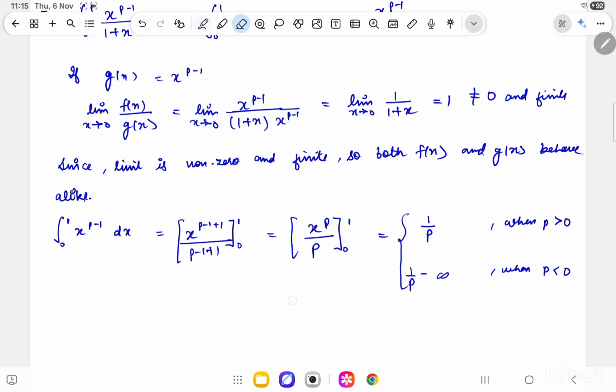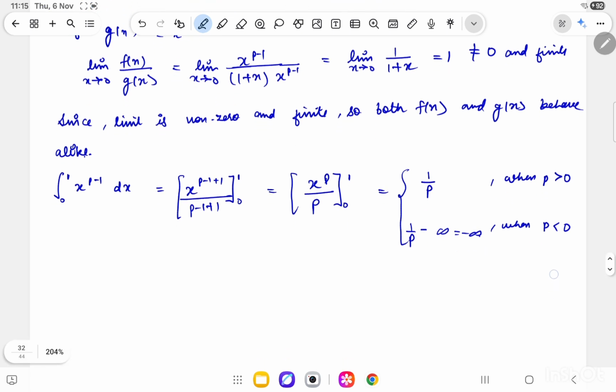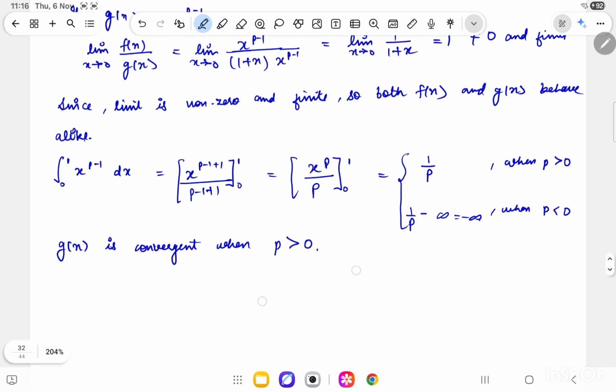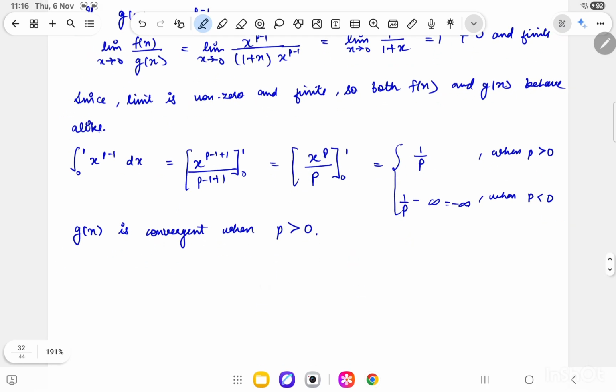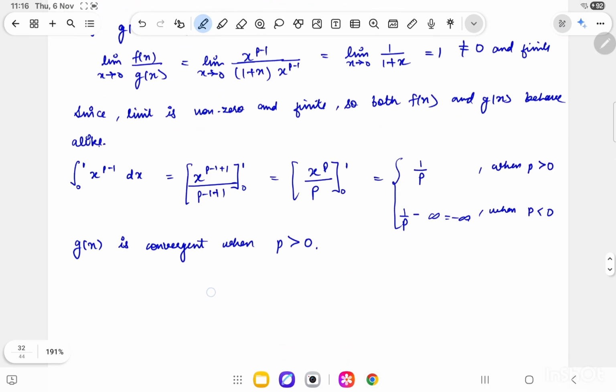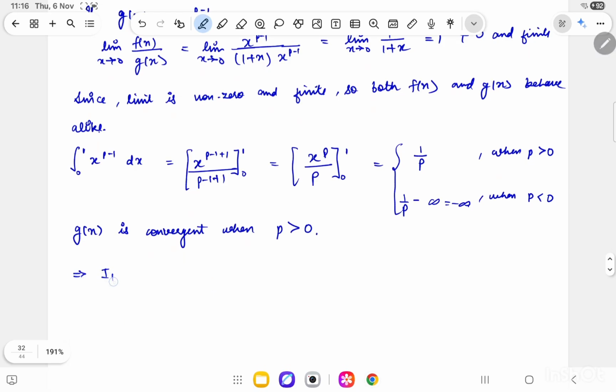So that's why this equals minus infinity, because 1 by p is a finite quantity. So from here we can say that our function g(x) is convergent when p is greater than 0. This is the condition I got from convergence of I1. So I can say that I1 is convergent when p is greater than 0.